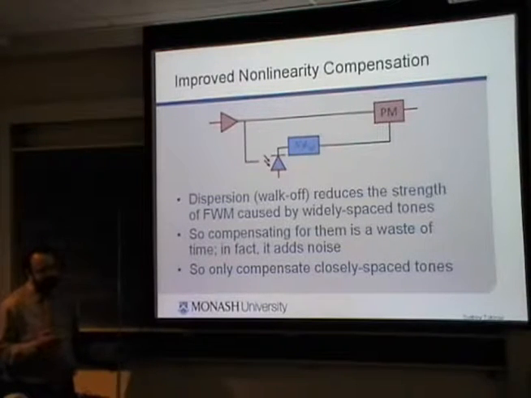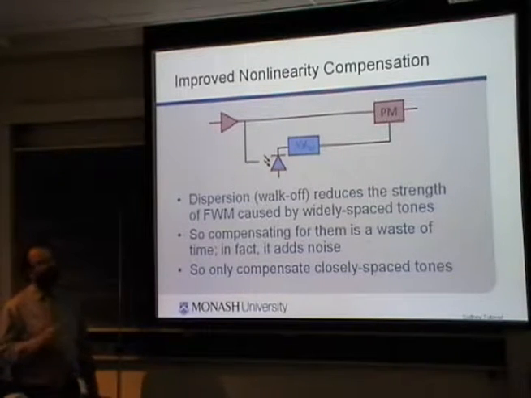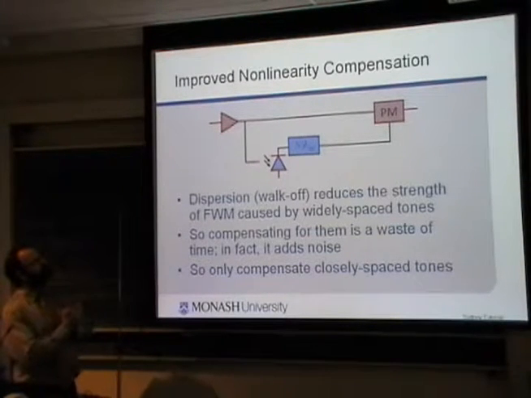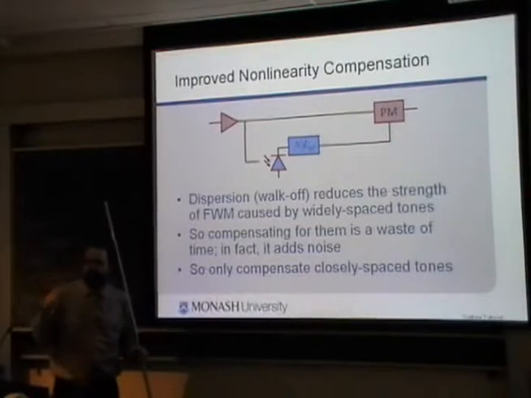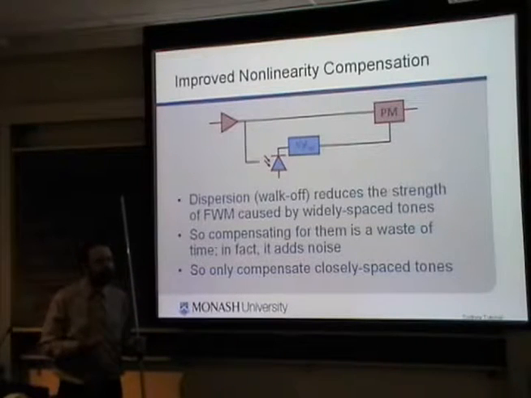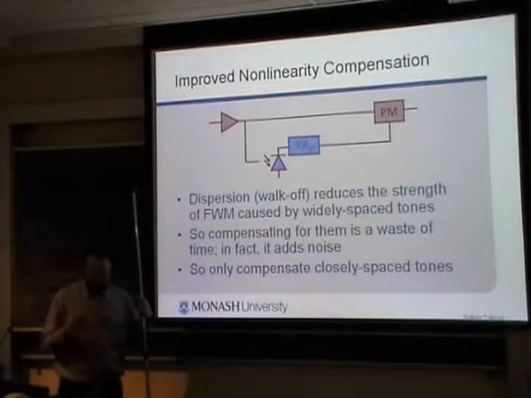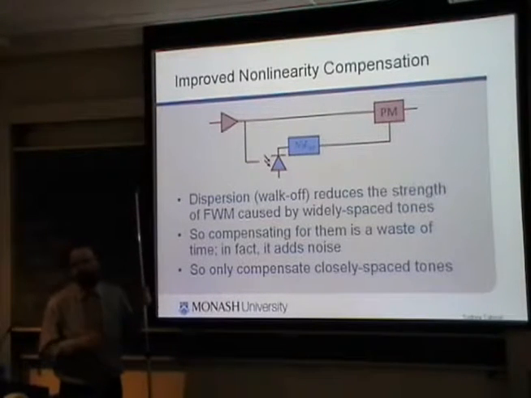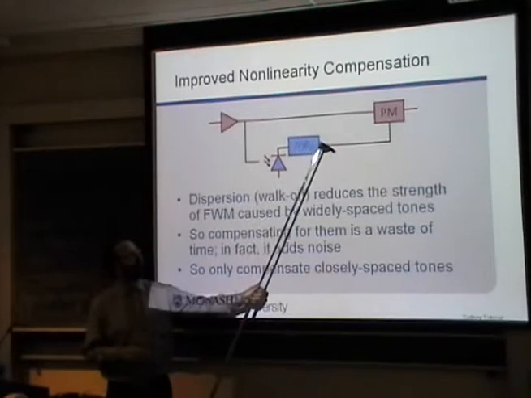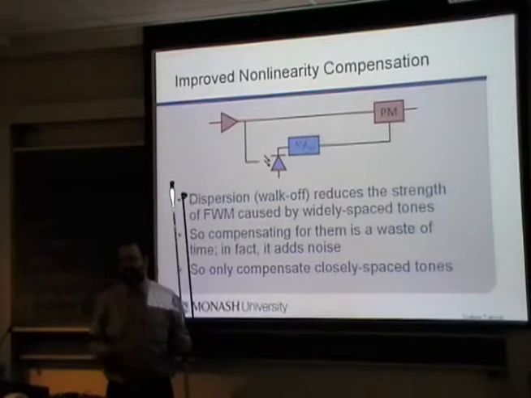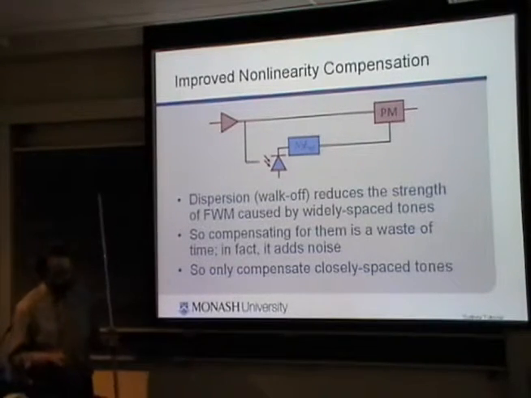The problem is that walk-off makes this work less well, because it's applying a phase shift based on the waveform out of the transmitter, but as the waveform goes through the fiber, because of dispersion, it evolves, changes shape. And therefore, at the receiver, it might be completely different to how it was at the transmitter. So if you apply this compensation phase, it won't be right for compensating the four-wave mixing at the receiver.